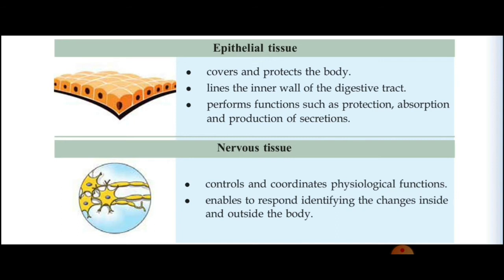That is the feature of this tissue. The tissue seen at the covering and protecting area of the body is called epithelial tissue. It lines the inner wall of the digestive tract. The digestive tract's inner wall is lined or covered or coated with this epithelial tissue.